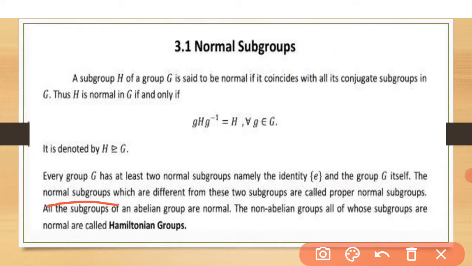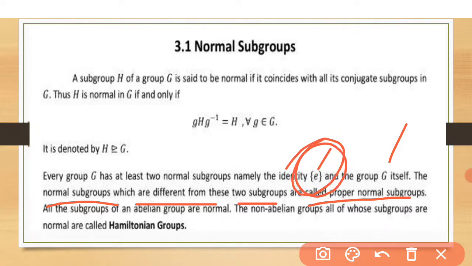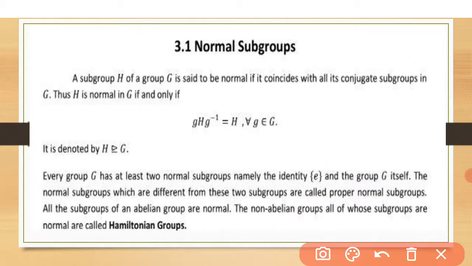The normal subgroups which are different from the identity and G itself are called proper normal subgroups. G is improper, the identity element E is trivial, and all others are proper normal subgroups.